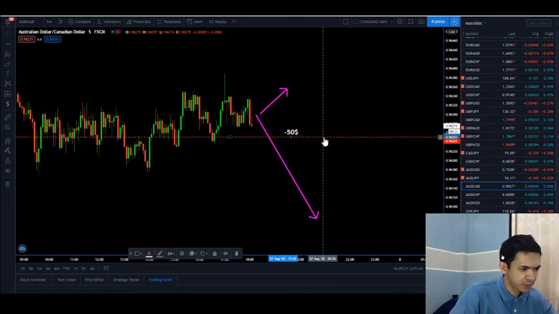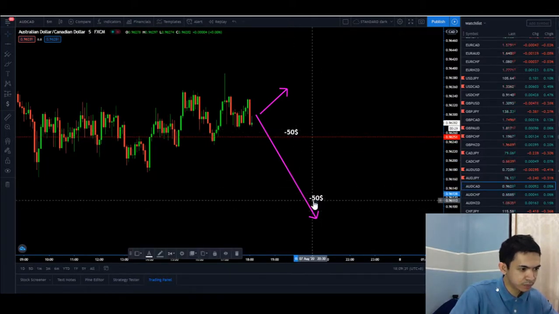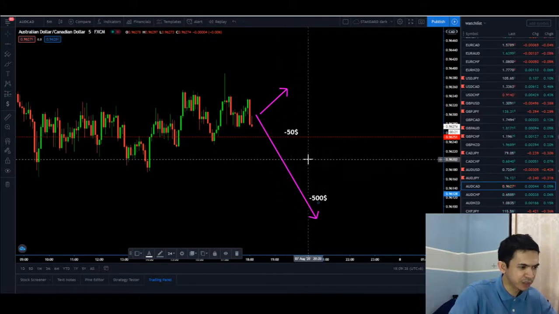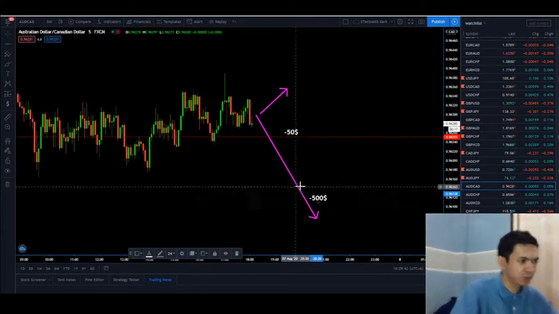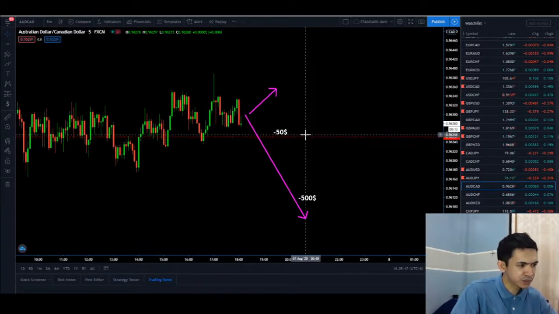But if you don't have a stop loss, there's a possibility of much higher or greater losses. Depending on your capital, you might even have a negative account or blow your account. So always use a stop loss.